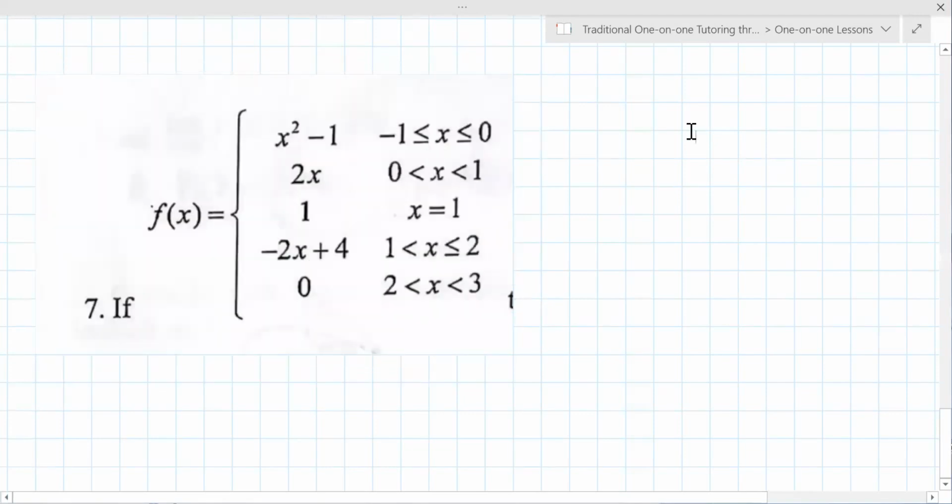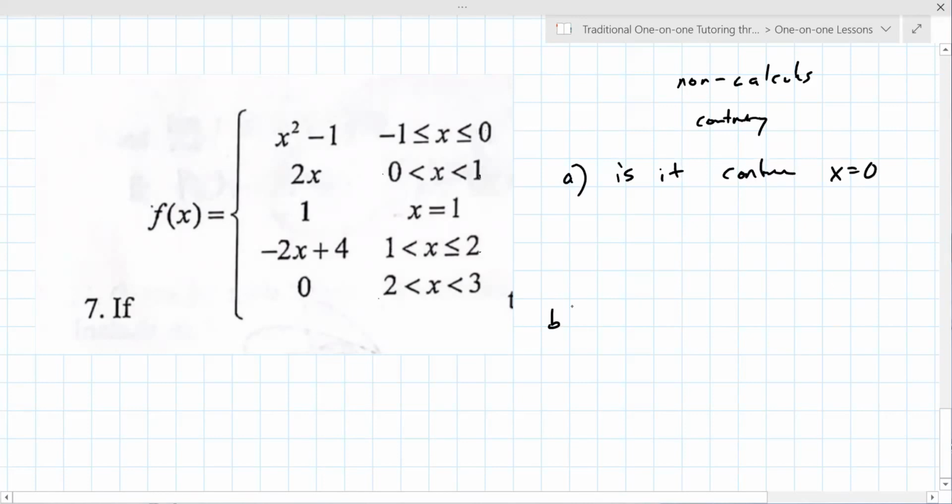The first thing I want us to do together is look at this from the non-calculus point of view, where the only thing you can look at is continuity, at each of these breakpoints at 0, at 1, and at 2. I'm really asking three things here: is it continuous at A, x equals 0, B, x equals 1, and C, x equals 2.